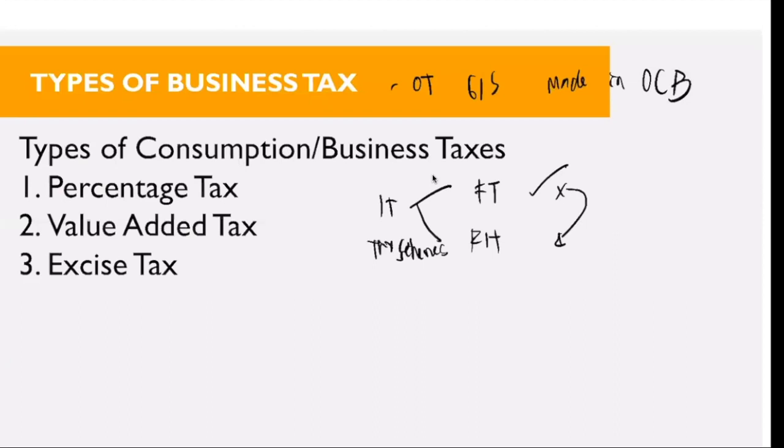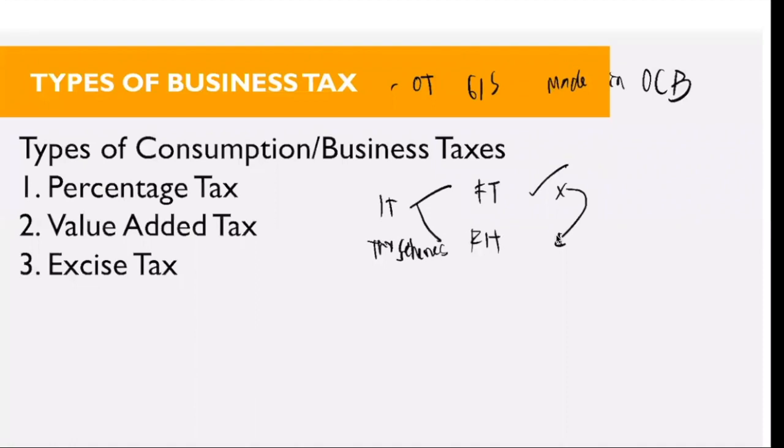And then we have your regular income tax if you do not opt for the 8% tax. We also have your compensation income. What item of your compensation is subject to final tax? We have your fringe benefit tax. And what item of your compensation income is subject to regular income tax? That is your other compensation income, not considered as fringe benefit.